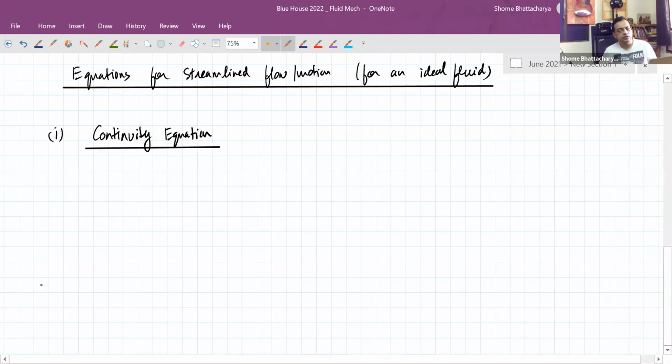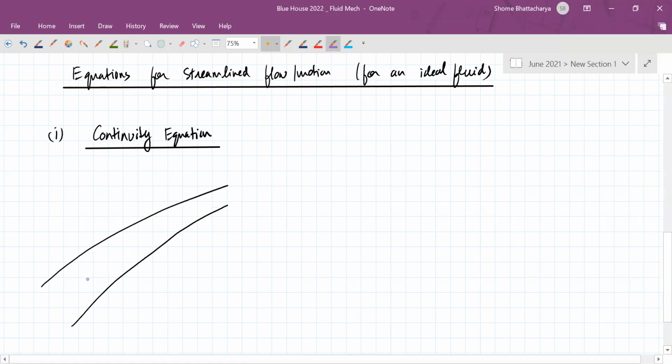To understand the continuity equation, just consider a section of a pipe through which fluid is in streamline motion.